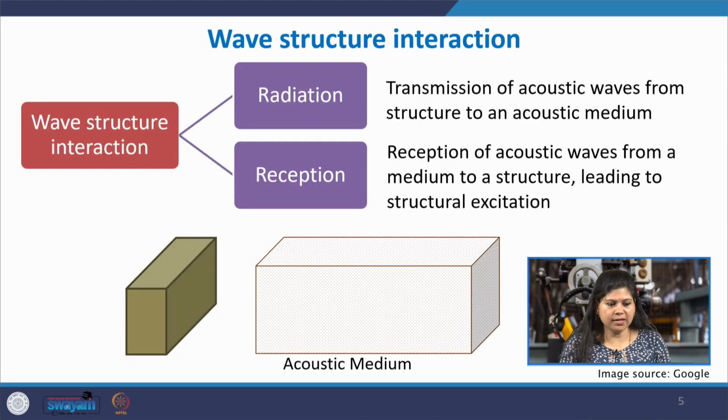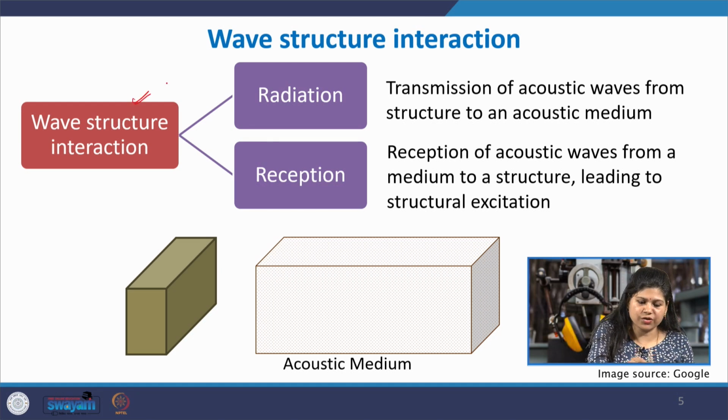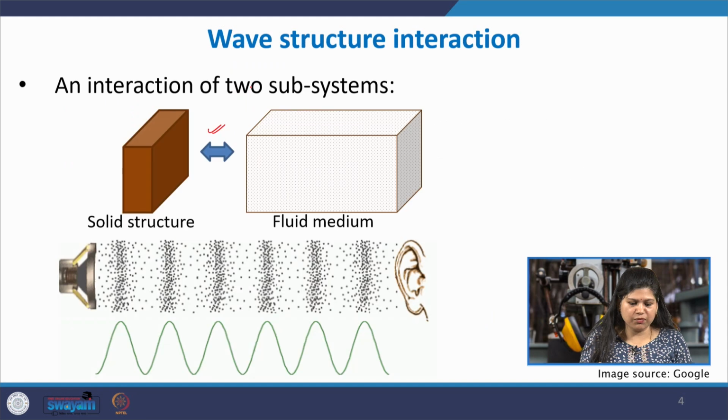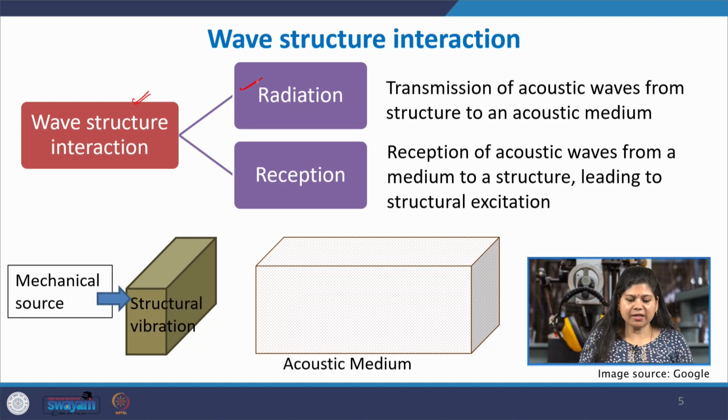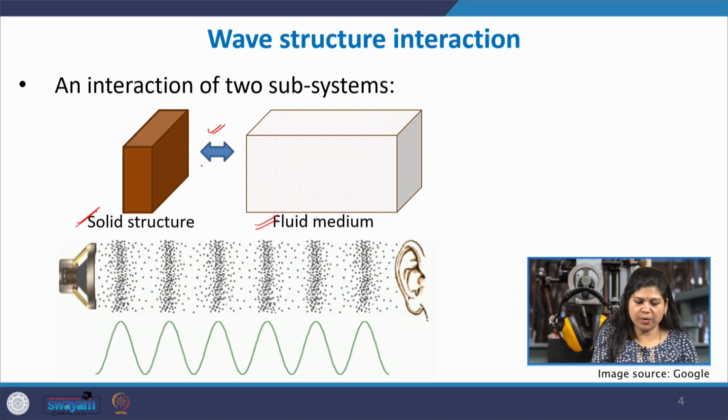We can characterize this as radiation or reception, the wave and structure interaction, which is the interaction between two separate media, the solid structure and the fluid medium. In radiation, the interaction direction is this way, and for reception the direction is the other way around.